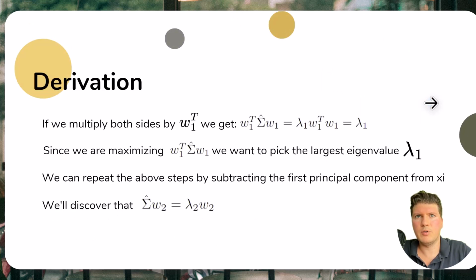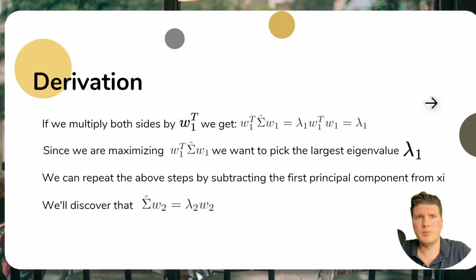If we multiply both sides by W1 transpose, we get that the projected variance is equal to the eigenvalue lambda 1. Since we're trying to maximize the projected variance, we want to pick the maximum eigenvalue. In other words, the optimum projection W1 is the eigenvector of the covariance matrix that corresponds to the largest eigenvalue.